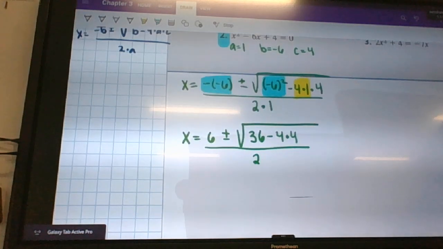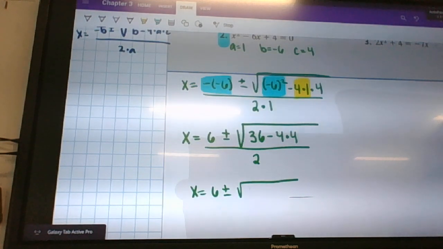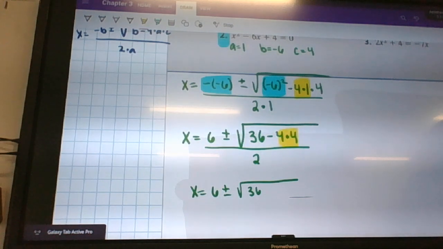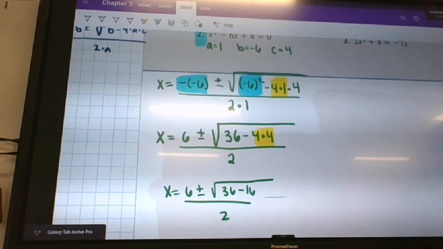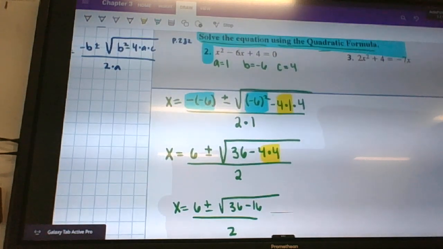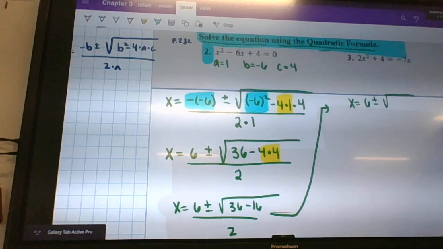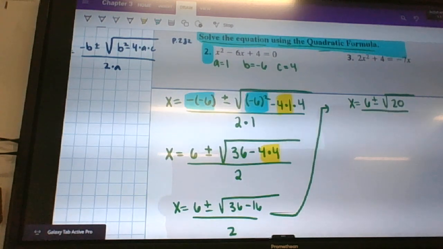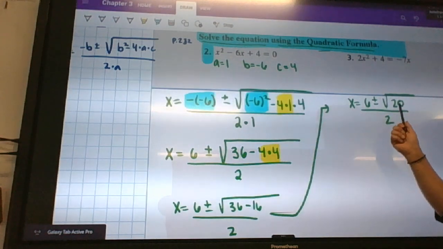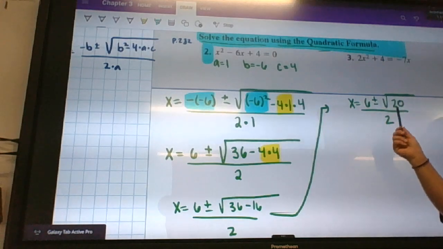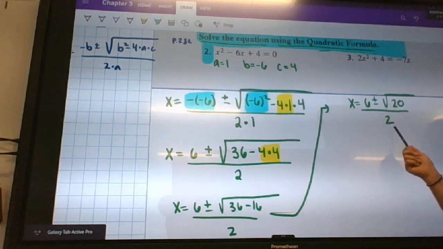So the two negatives go positive over there. Okay, now I will do 4 times 4, and I end up with 36 minus 16. And then I can finally do the subtraction. Do the subtraction last. Do all of the multiplication first. Subtract last.